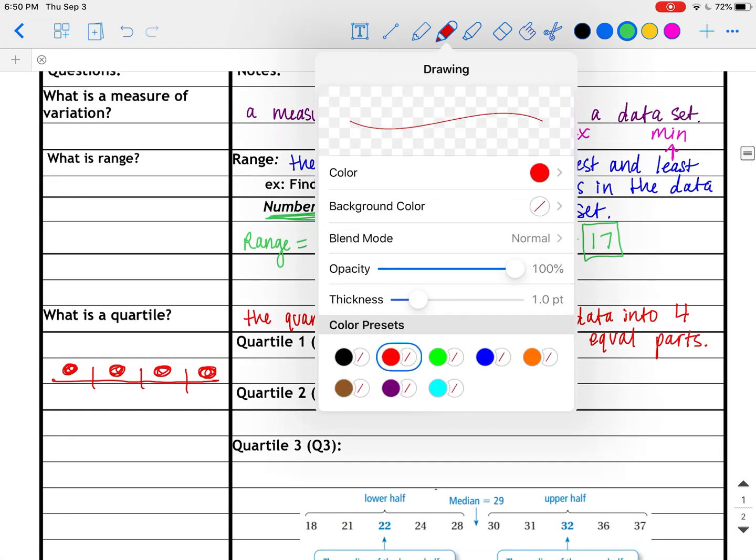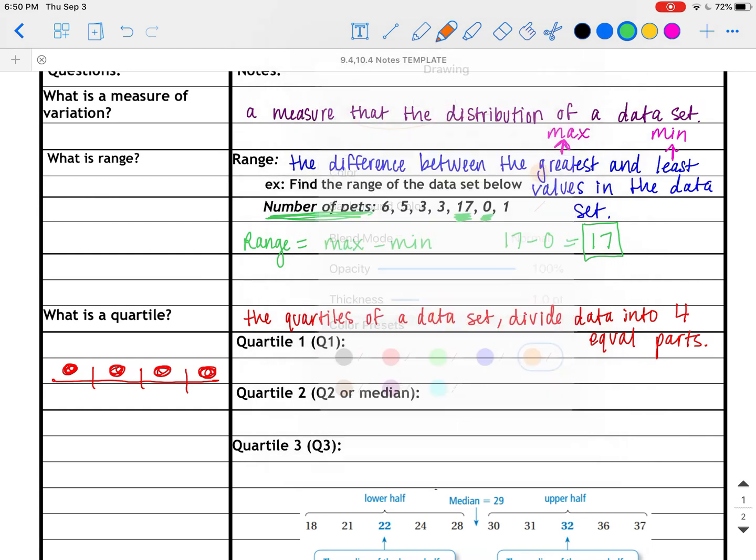All right, so one of the key concepts that we already learned about in our last section was median, and median is going to be a super important concept for us to find quartiles. So luckily, you're already one step ahead of the game. So quartile 1 is the median of the lower half of a data set.